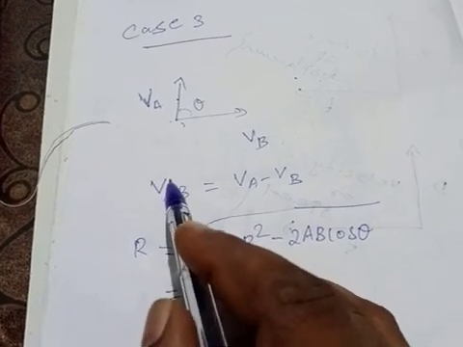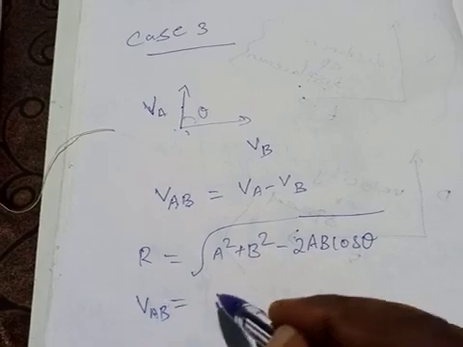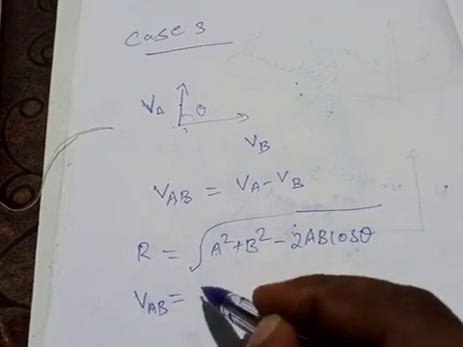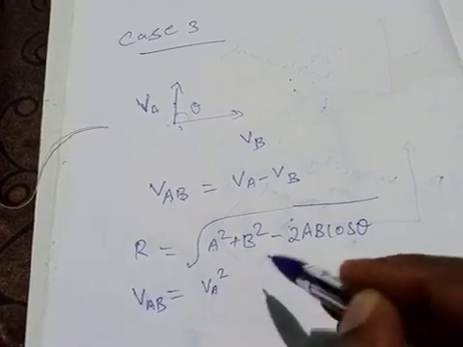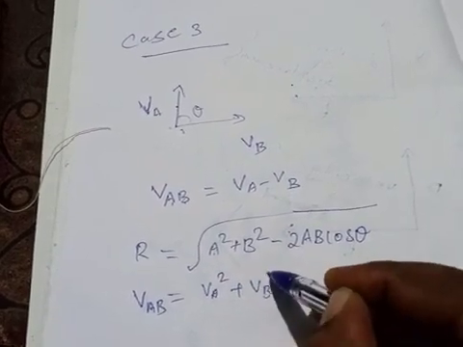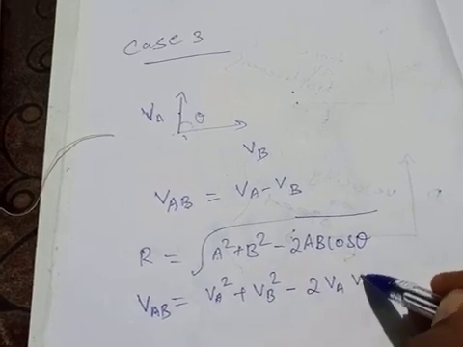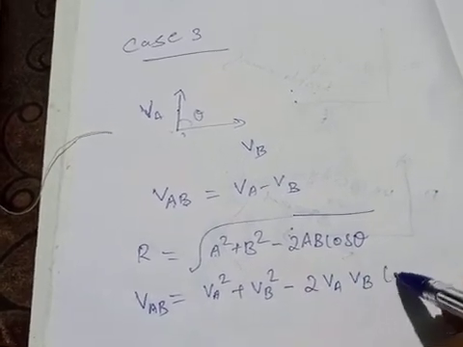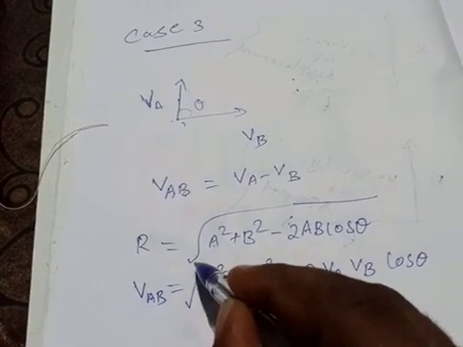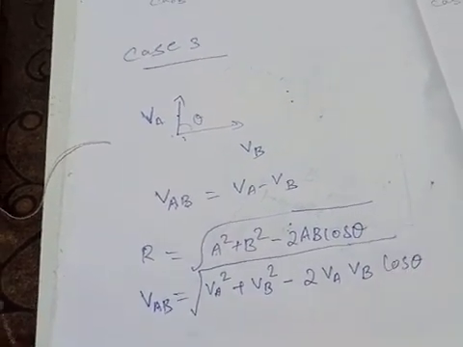So here VAB is equal to, A means VA, so VA squared plus VB squared minus 2 VA VB cos theta. This is the magnitude, and then the direction of VAB.